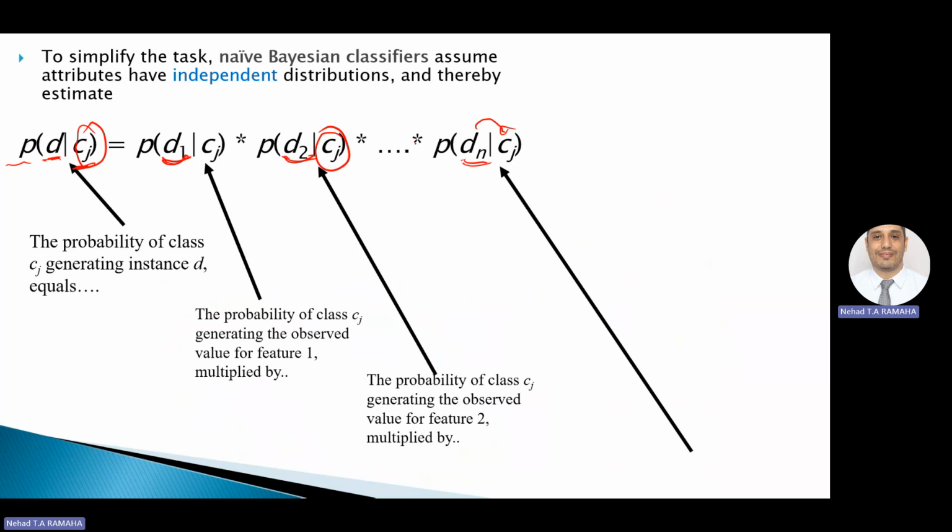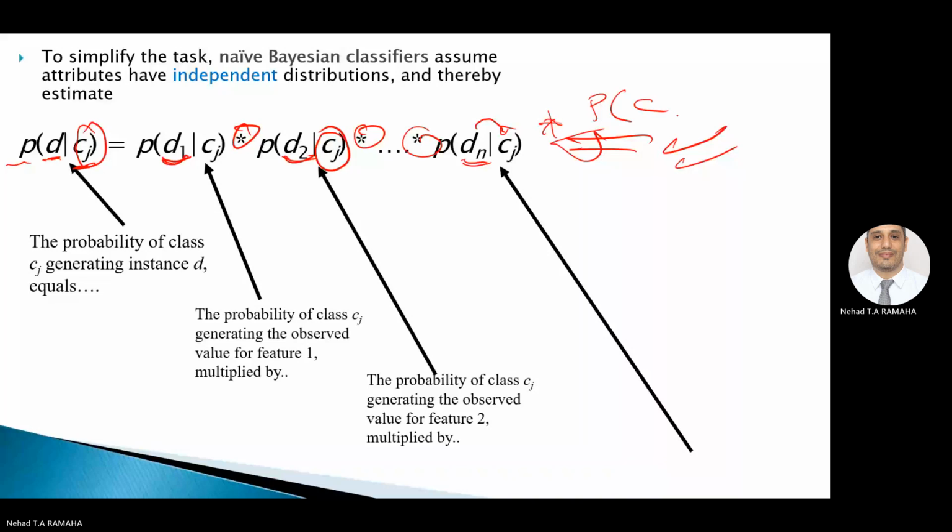We will use it too much, this one, for a class. Take example. So we have multiplication here. Actually, this one is multiplied at the end by the probability of Cj.